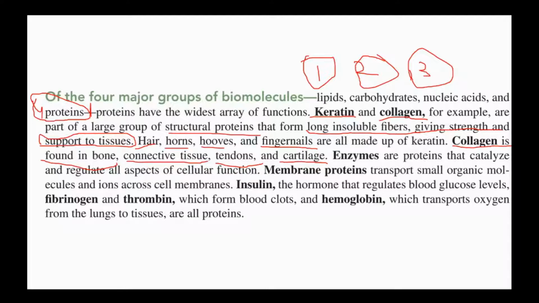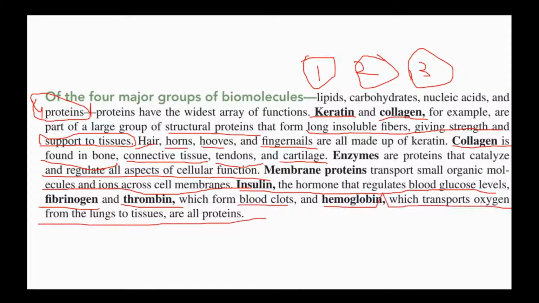Enzymes are proteins that catalyze and regulate all aspects of cellular functions. Membrane proteins transport small organic molecules and ions across cell membranes. Insulin, the hormone that regulates blood glucose levels, fibrinogen and thrombin, which form blood clots, and hemoglobin, which transports oxygen from the lungs to tissues, are all proteins.